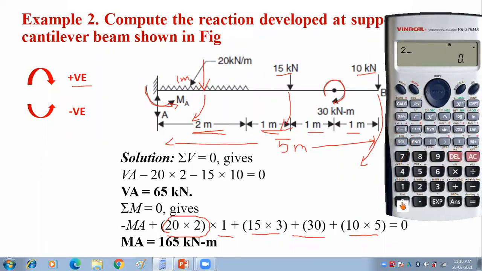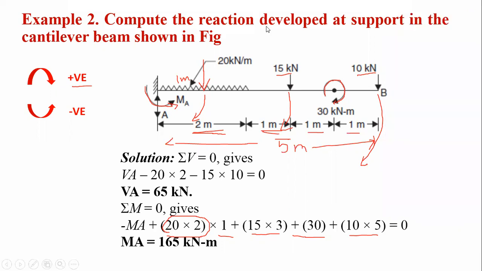First of all, 20 into 2 into 1 plus 15 into 3 plus 30 plus 10 into 5. If we solve this, taking minus MA to this side, it becomes plus MA. That's why MA is equal to 165 kilonewton meter. Kilonewton meter is the unit of the moment, and the reaction developing is 65 kilonewton, which is vertical. In this way, we find the reaction components at support A.